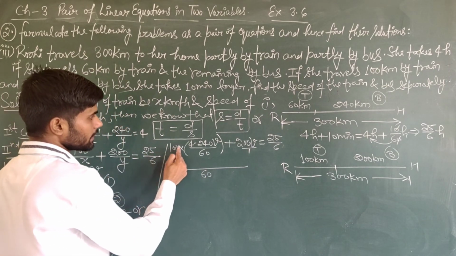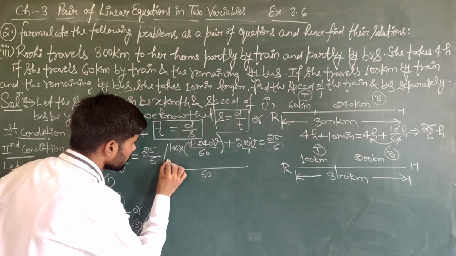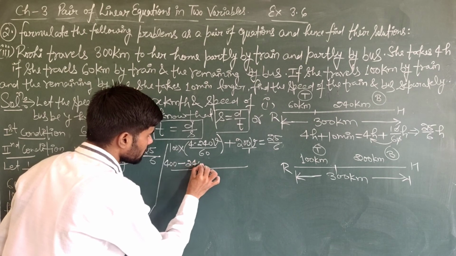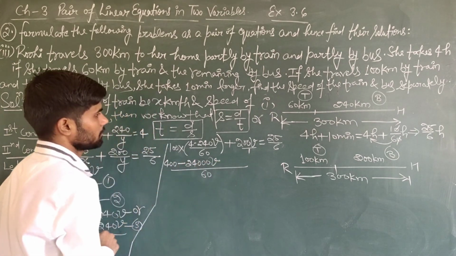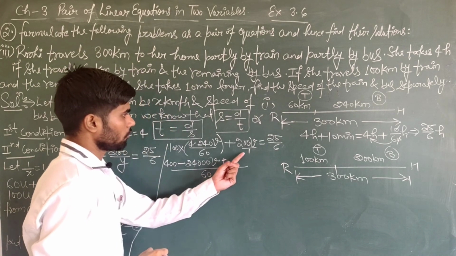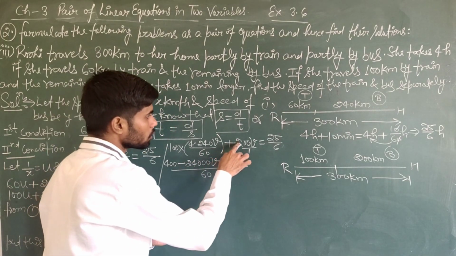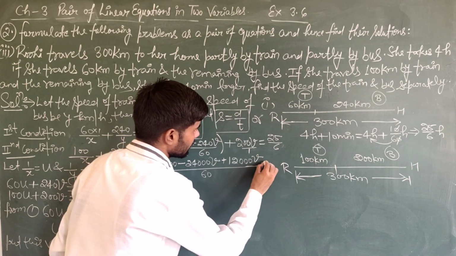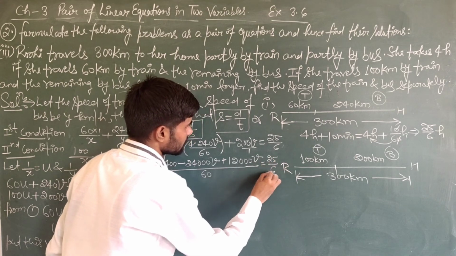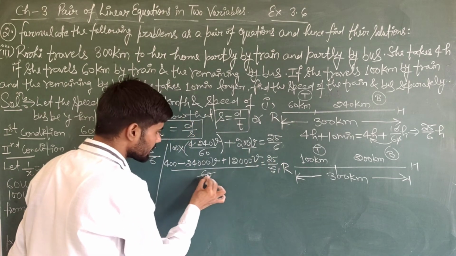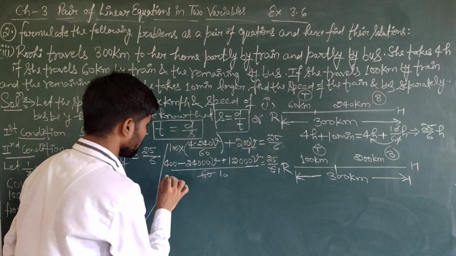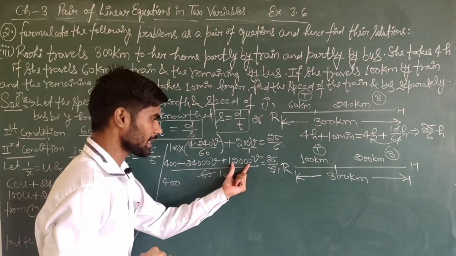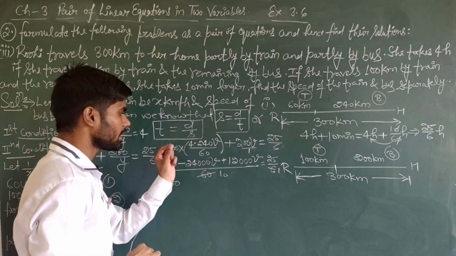We can multiply by 100 into this term. 100 multiply 4, this will be 400, minus 100 multiply 240, this will be 24,000v, plus 1 divide 60 and 60 multiply 200, this will be 12,000v, is equal to 25 upon 6. 6 1s are 6 and 6 10s are 60. Okay, now 400, this is 24,000v and this is 12,000v. This is positive and this is negative. Answer will be negative.